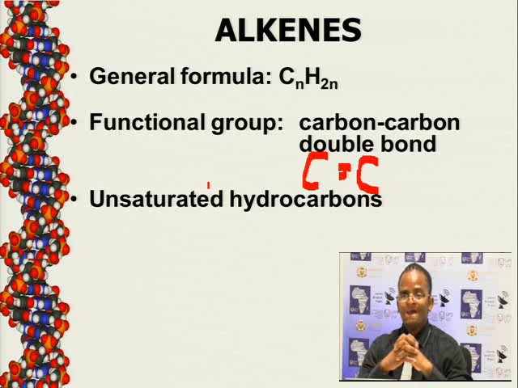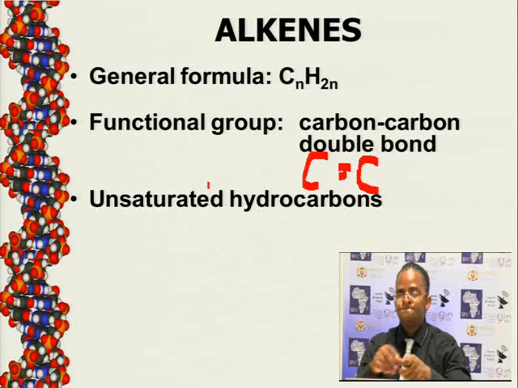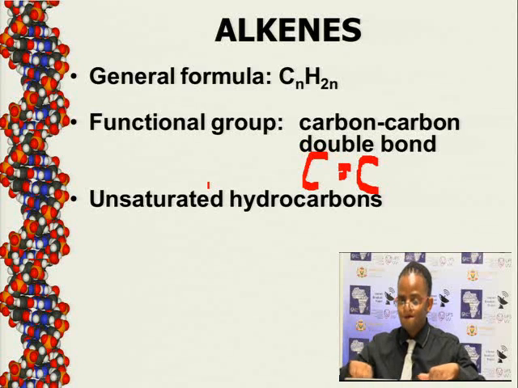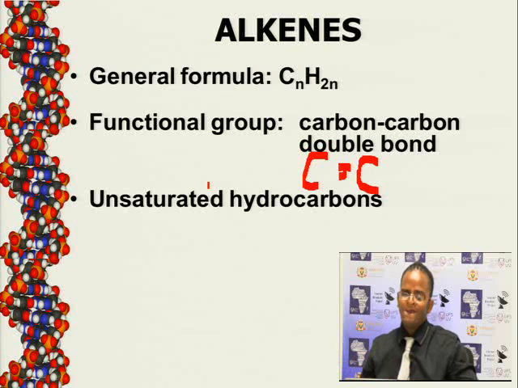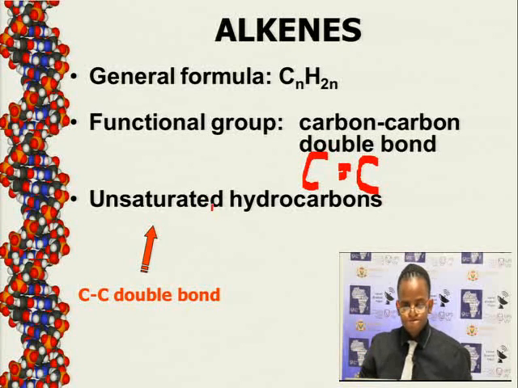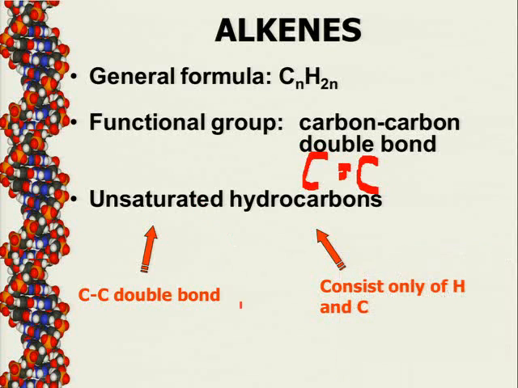The alkanes are saturated, and the alkenes are unsaturated. It is easy for us to break the double bond into a single bond, and therefore alkenes will react more easily than the alkanes. So we get double bonds between 2 carbons, where this compound only contains hydrogen and carbon.